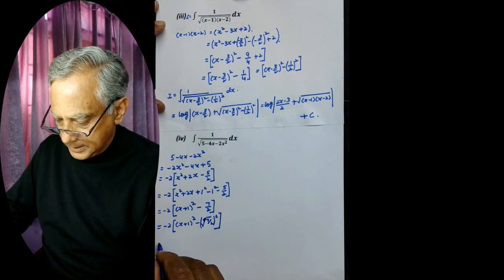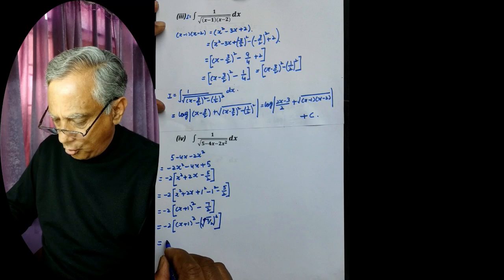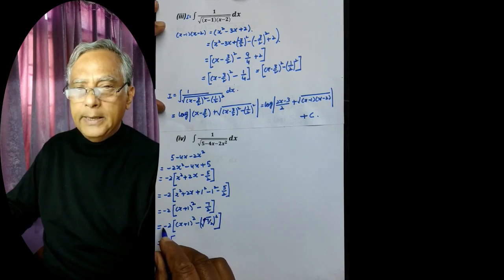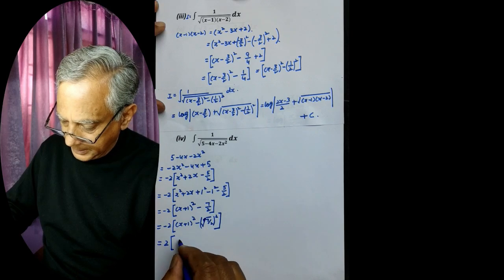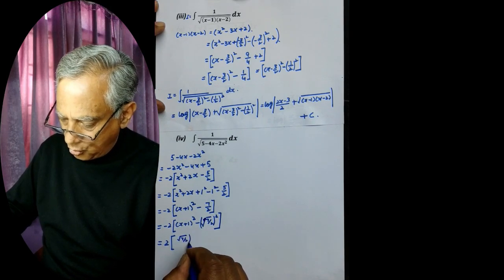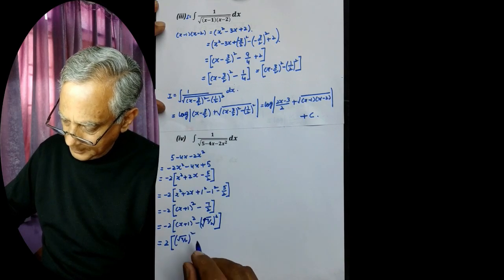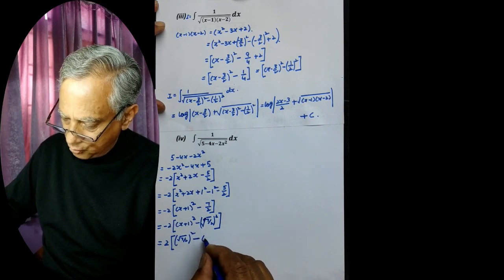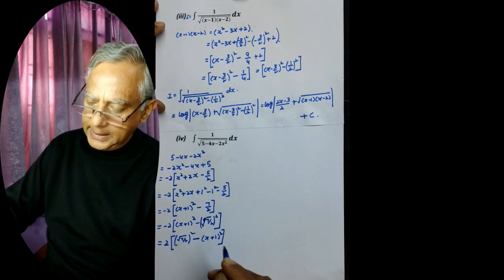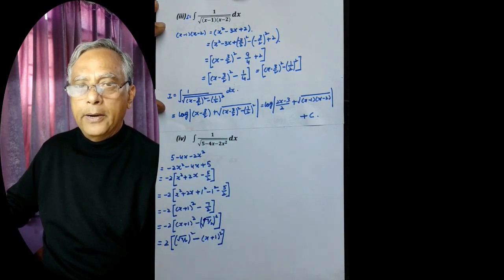And this is equal to, as I have told you earlier, you must always take this negative inside. So this must be written as root 7 by 2 whole square minus x plus 1 whole square. And now substitute in this and decide the appropriate formula.